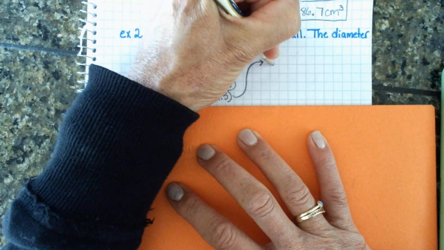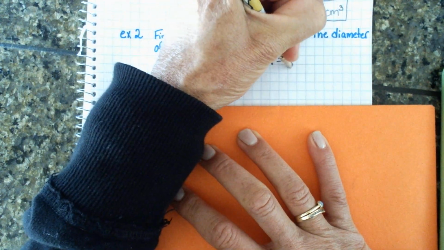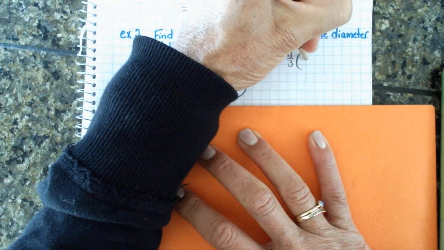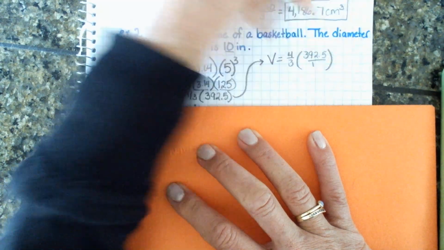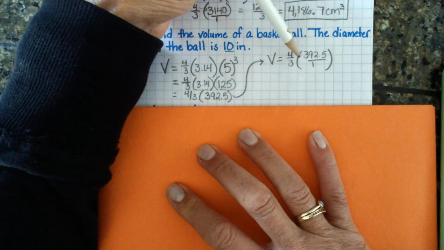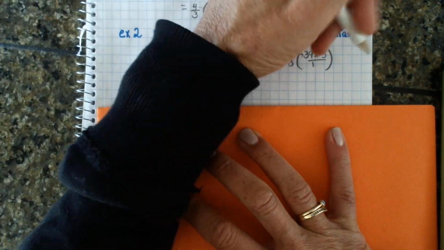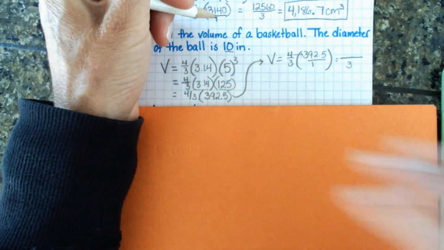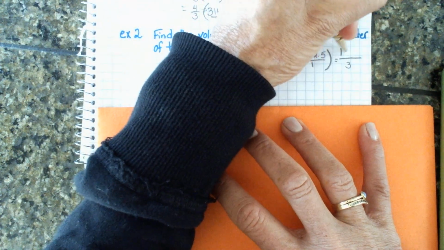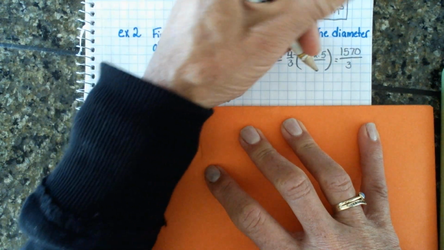So for the next step of calculating volume, we have 4/3 times 392.5, which I'm going to write as a fraction. So I'm going to multiply 4 times 392.5 and 3 times 1, which gives me 1,570 over 3.